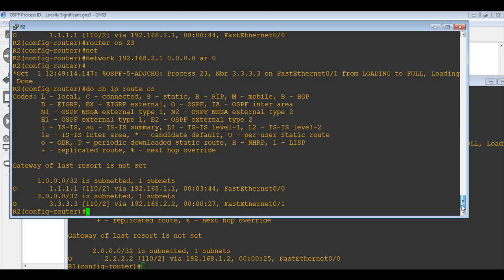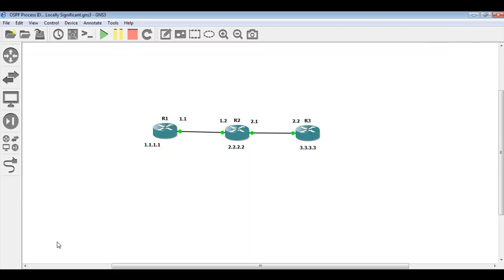So this means that the network 1.0 and the network 2.2.2.0, the network of the loopback, are under OSPF process number 21, and the adjacency between the two routers is under process 23.